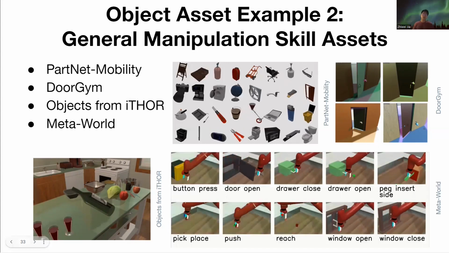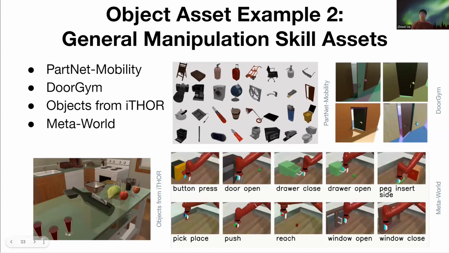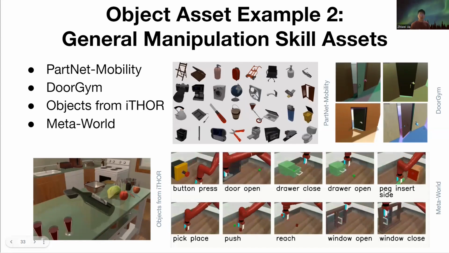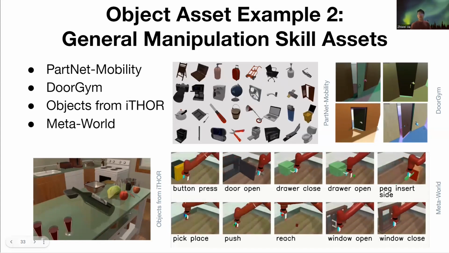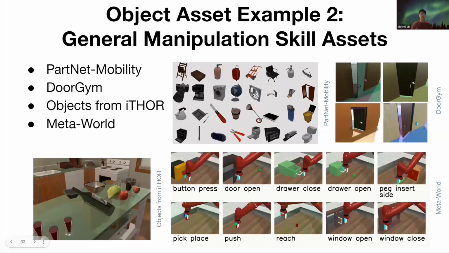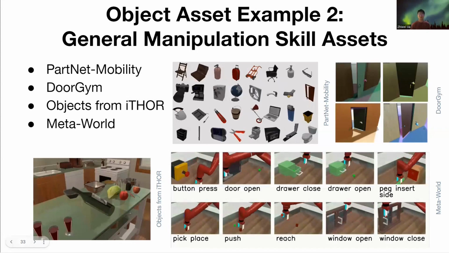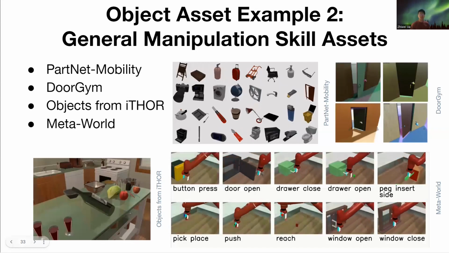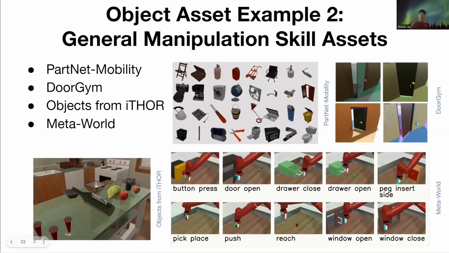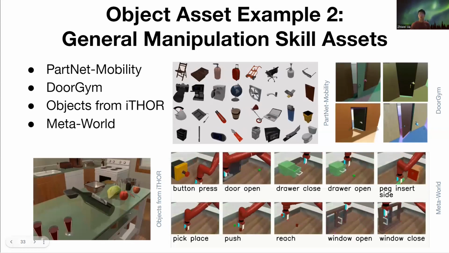DoorGym is a set of doors of different styles and textures to manipulate. Object assets from iTHOR, on the other hand, support several types of high-level actions such as slicing, cleaning, cooking, and so on. And finally, the object assets from Matterport can support a lot of different general object manipulation skills.